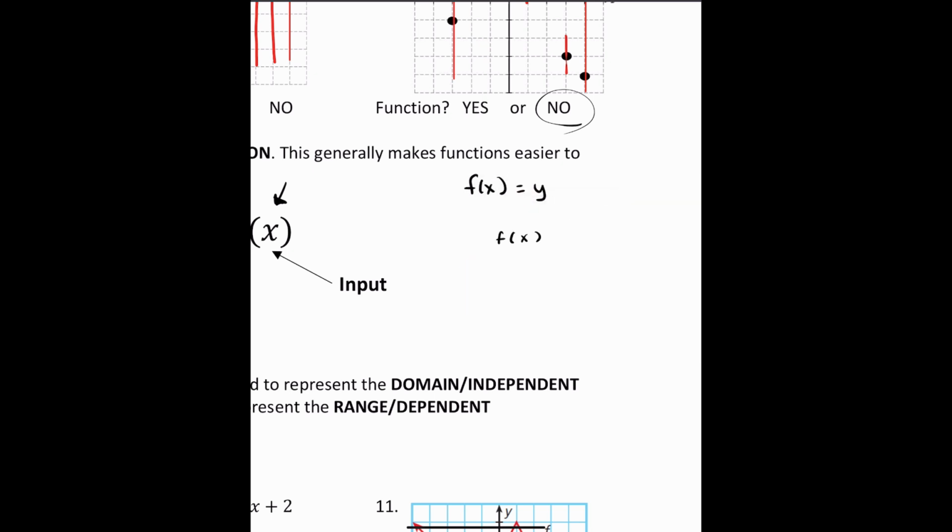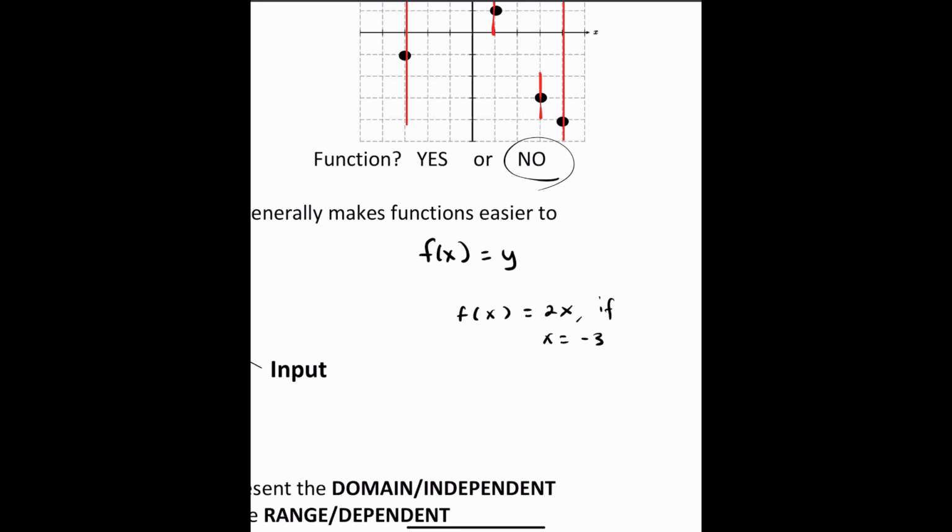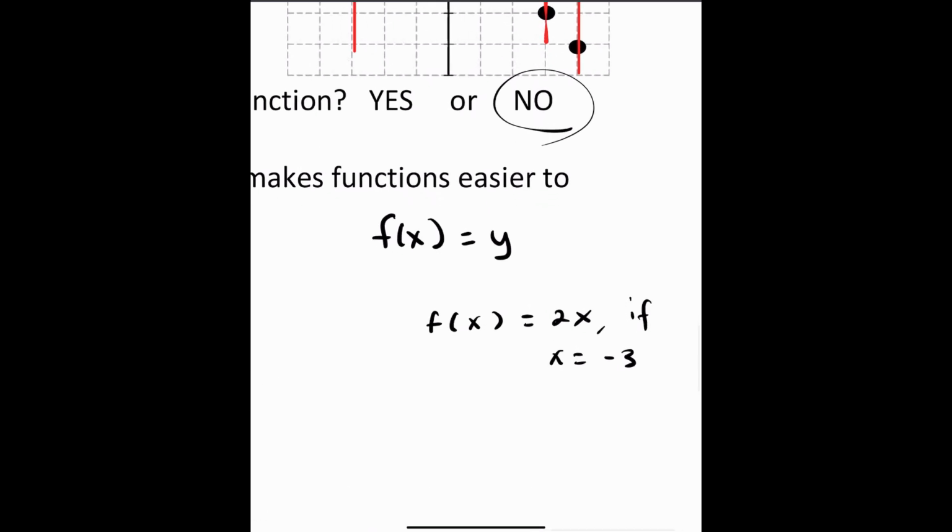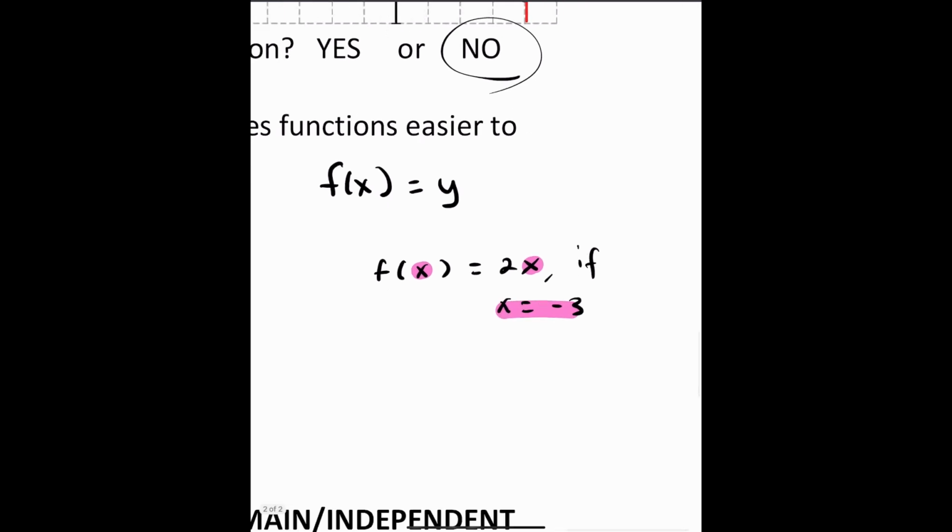But what if I give you something like this? f of x is equal to 2 times x, and I'm going to ask you, what is f of x if x is equal to -3? Now, it's the same idea. We said that f of x is the same as y. So all I have to do is replace these x's with -3.